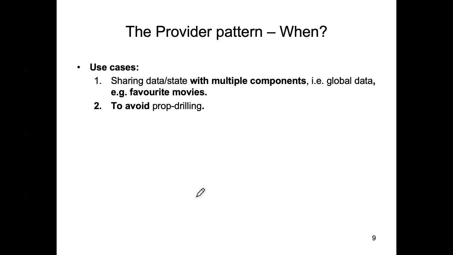So the question is, where should we store shared data? One place we could store it is in a component that's high enough up in the component hierarchy, such that any component that needs to know about it can receive that data from that higher level component through the props medium.